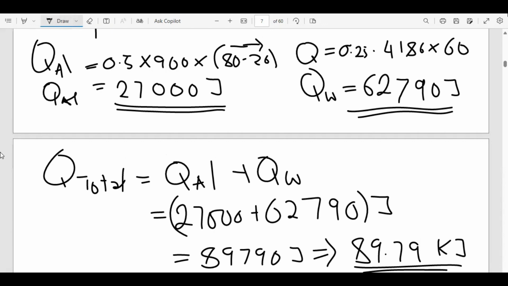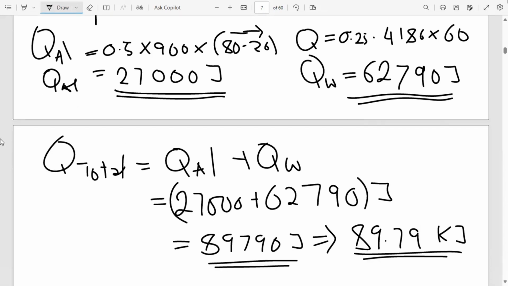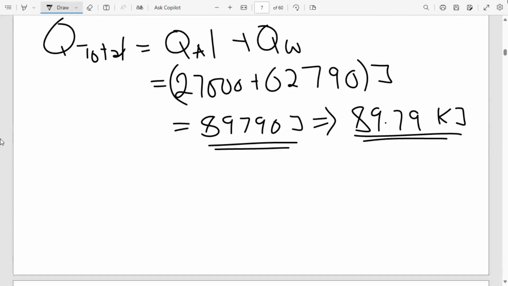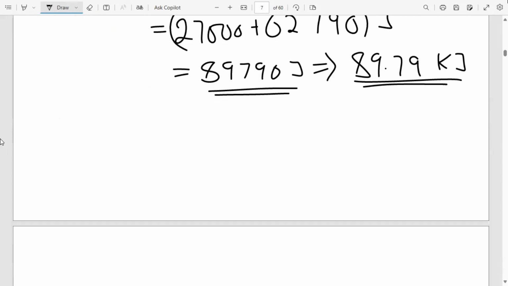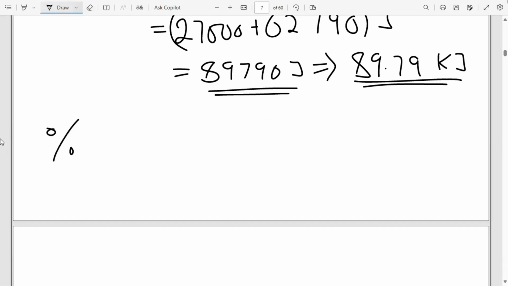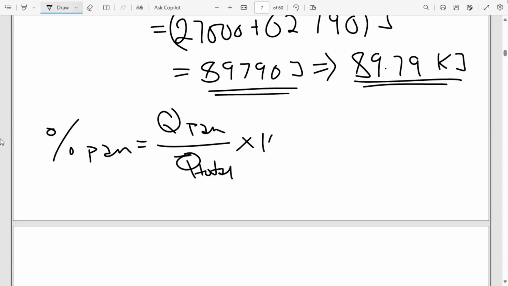Now they've told us to find the percentages, to say what is the percentage of the heat that is required to heat the aluminium and the one that is required to heat the water. So that is very simple. We're just going to say the percentage of heat required to heat the pan will be equal to the Q that is used to heat the pan over Q total multiplied by 100.